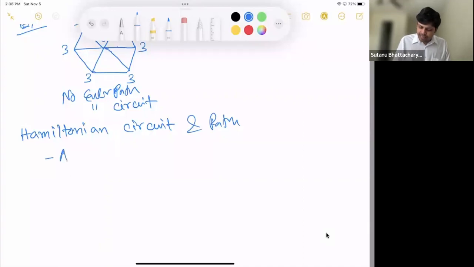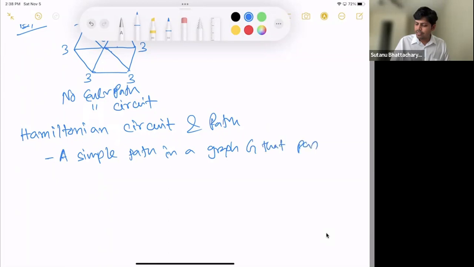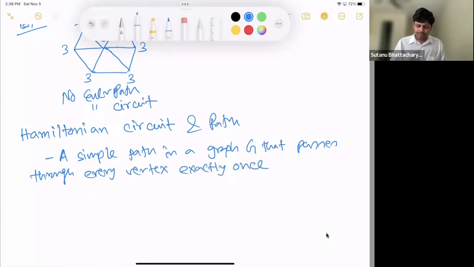So a simple path in a graph G that passes through every vertex exactly once is called a Hamiltonian path.